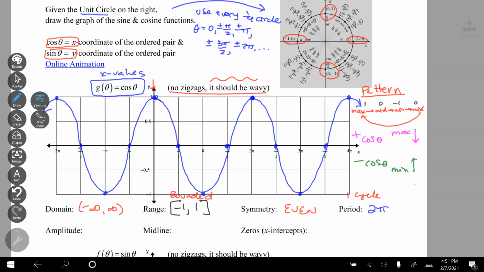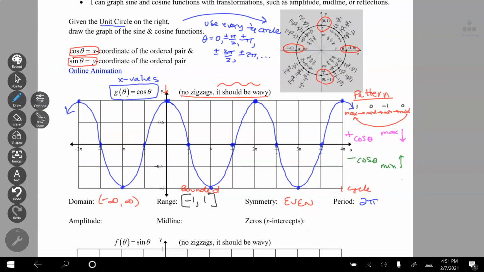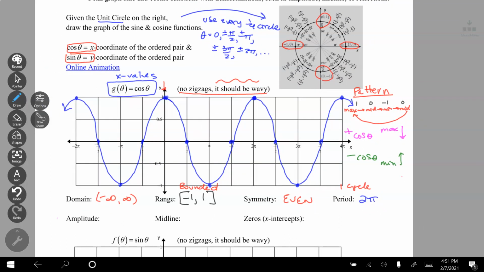The amplitude, that is the height of the sine or the cosine wave, is from the maximum to the midline, or from the midline to the minimum, and this amplitude is equal to 1.